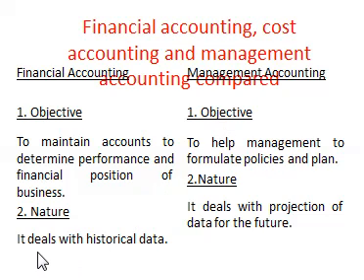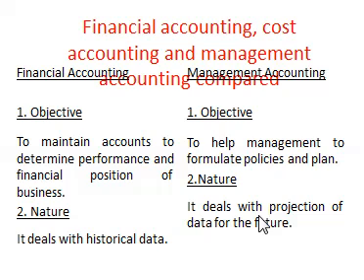Another difference is the nature of the information. Financial accounting mainly deals with historical data. You prepare your financial reports at the end of the period, meaning the information recorded in these reports is mainly historical. Management accounting mainly deals with future projection, that is future information.